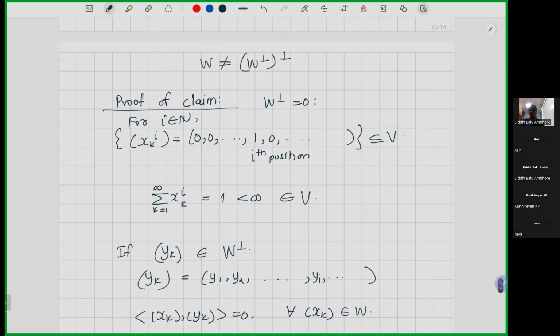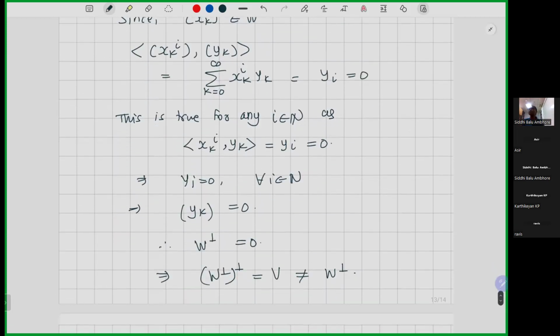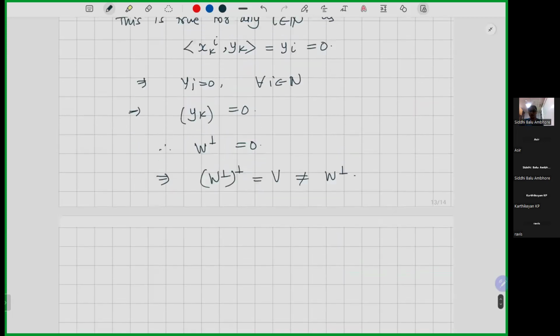So W perp perp is equal to W happens only in the finite dimensional case, because we have many good results when we work with the finite dimensional case. Is this okay? Any doubts?